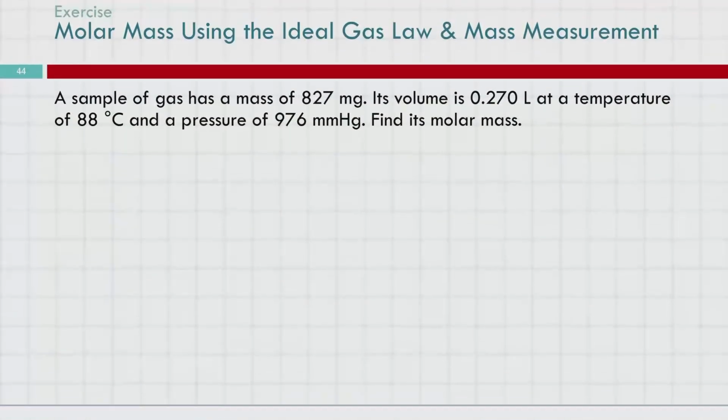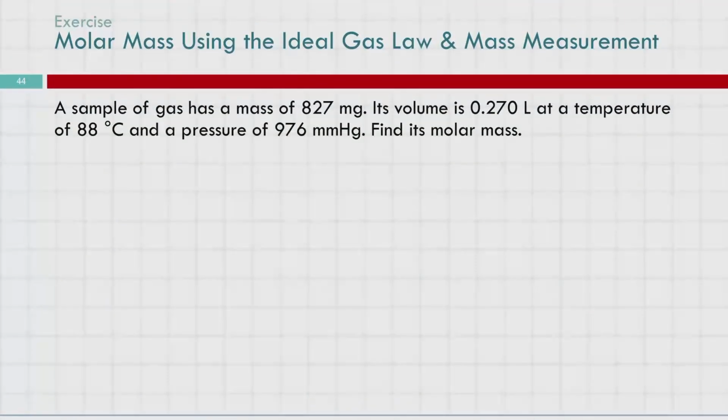One for you to try. And we'll stop after this for lecture today. Okay, first thing we're going to want to do is write out all of our variables. We are told that the sample has a mass of 827 milligrams.